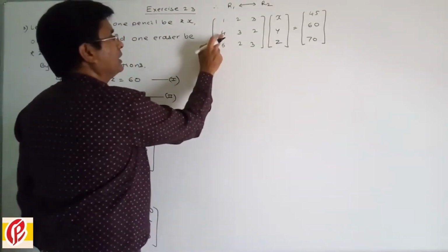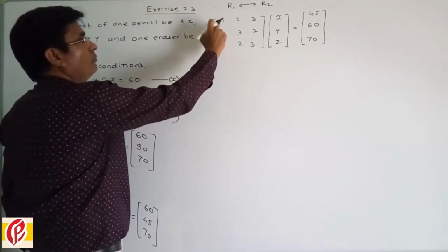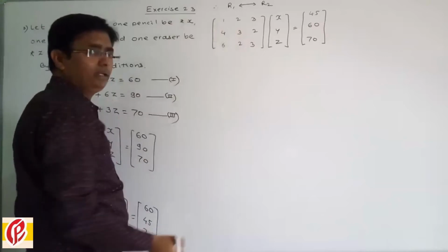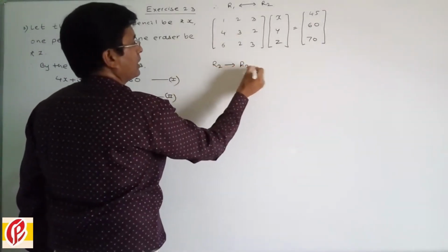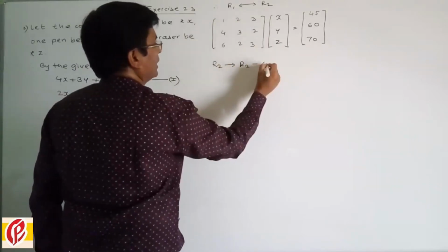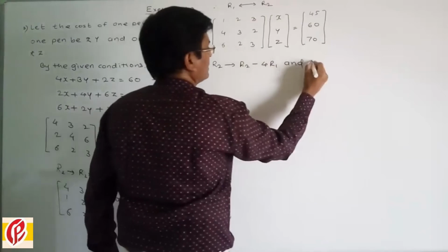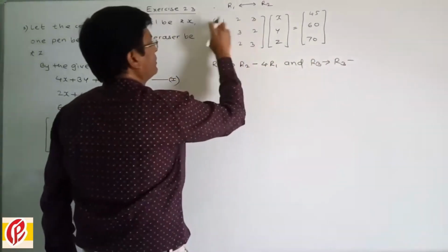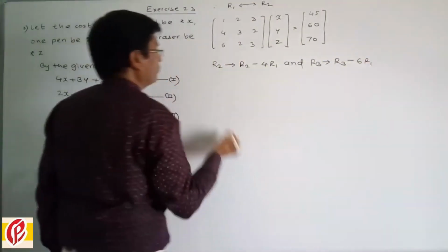Now here is 4 and we have to make it 0, so multiply the first row by 4 and subtract: R2 changes to R2 minus 4 R1, and R3 changes to R3 minus 6 R1, since here is 6 and you have to multiply R1 by 6. So what do we get?